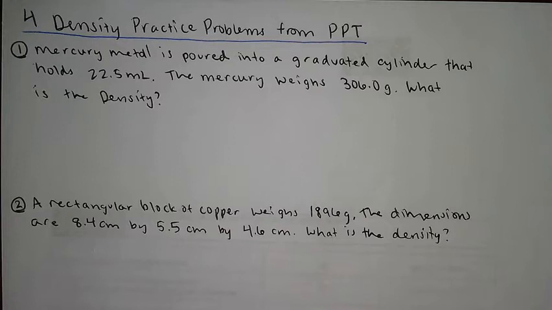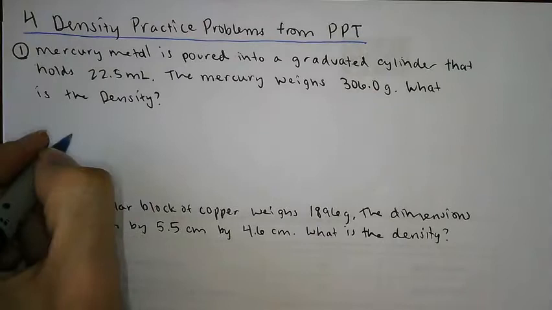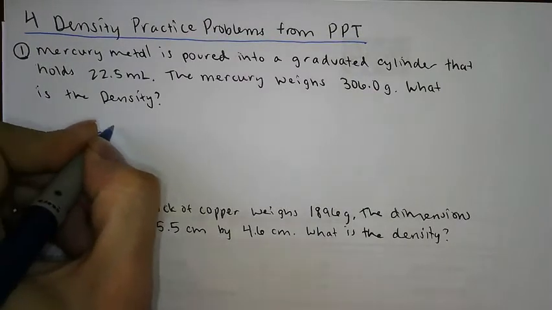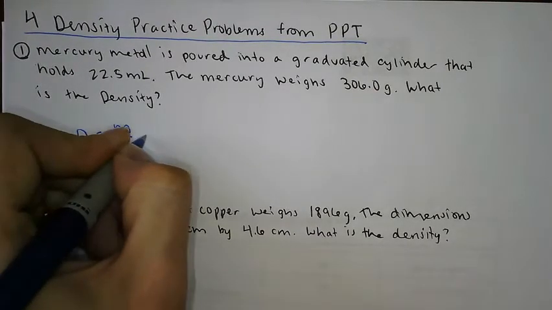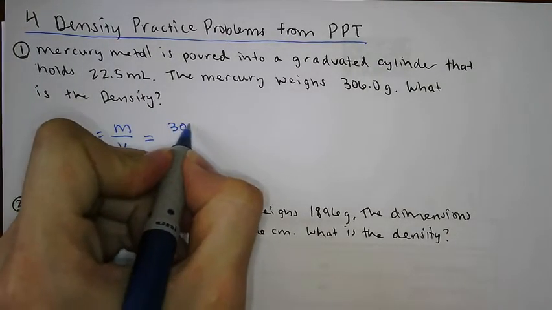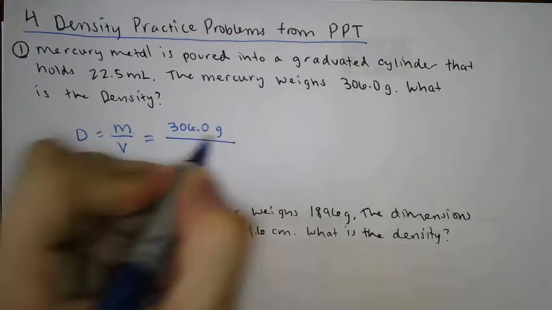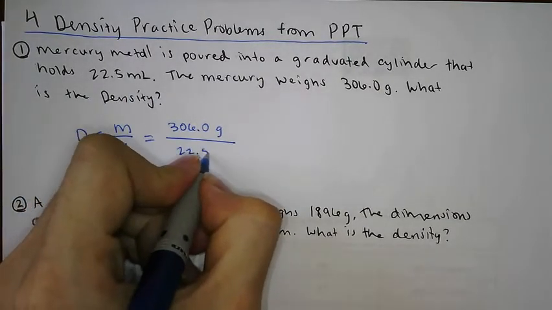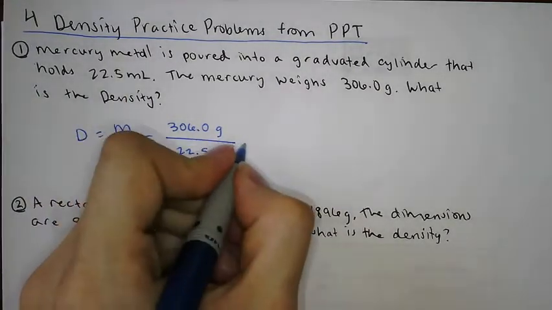So number 1, mercury metal is poured into a graduated cylinder that holds 22.5 milliliters. The mercury weighs 306 grams. What is the density? So this is an easy one because we know that density is just mass over volume, and we have those two pieces already. So 306.0 grams over 22.5 milliliters.